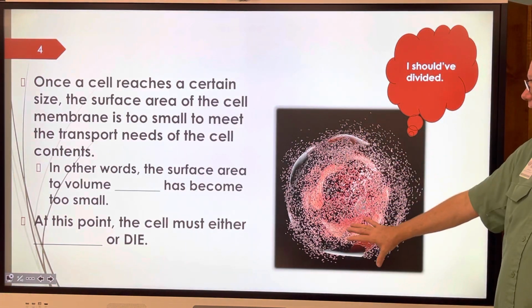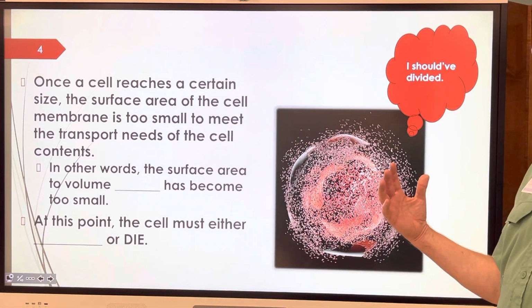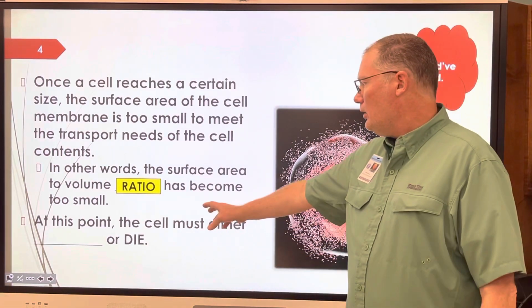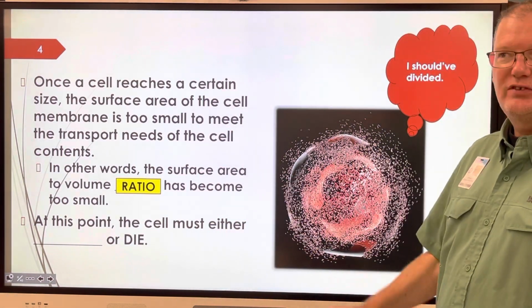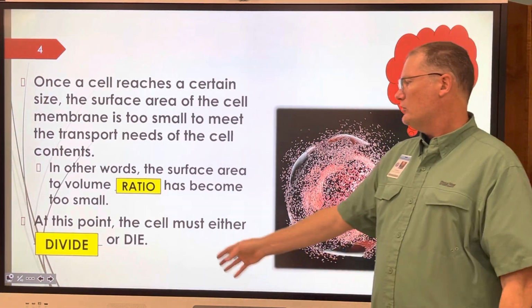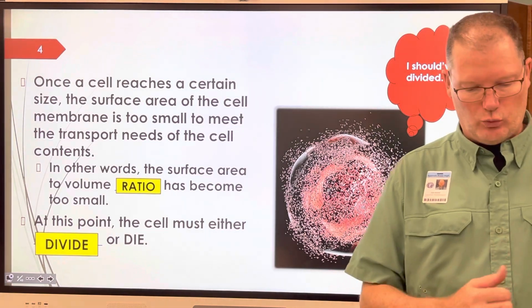And it'll die, it'll burst, it'll pop, you know? Instead of doing its function, it will die. And it has to do with the ratio of cell membrane to volume of cytoplasm inside, okay? So it has to divide, it has to replicate itself, or the cell will die.